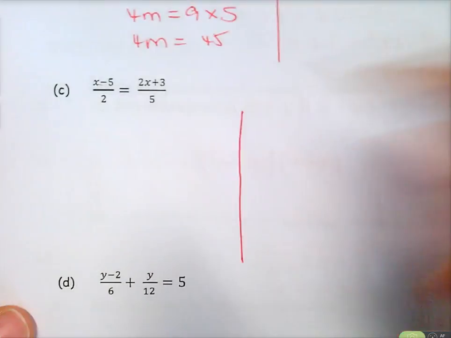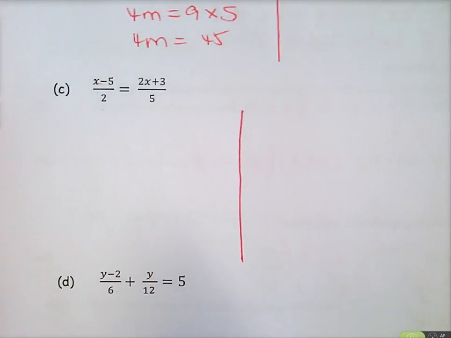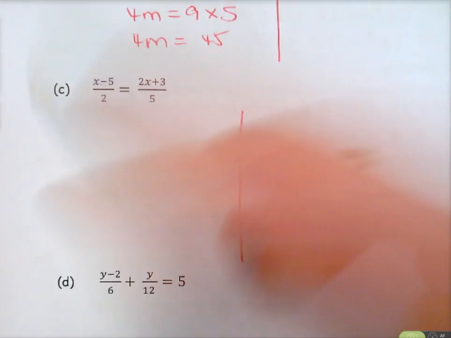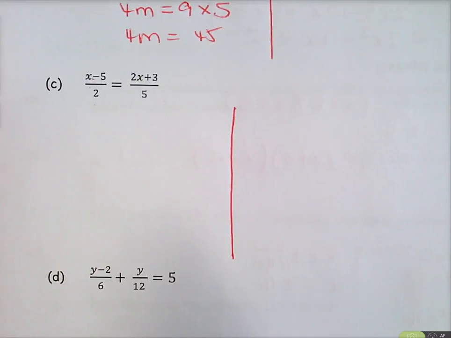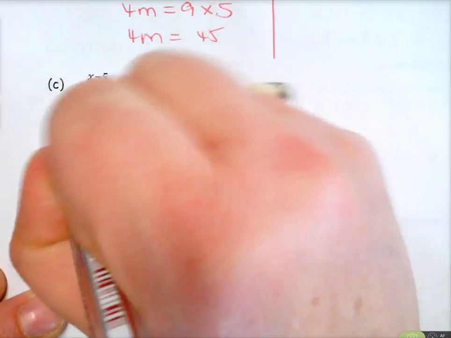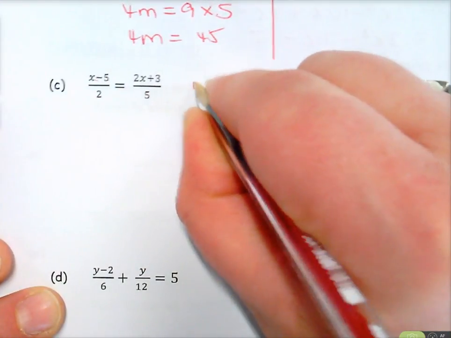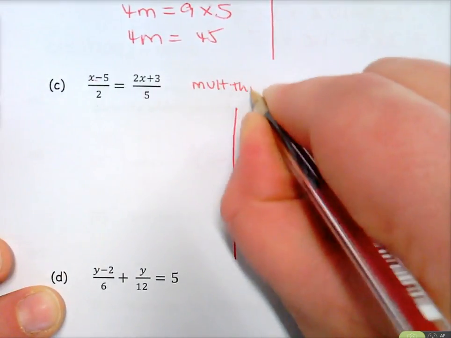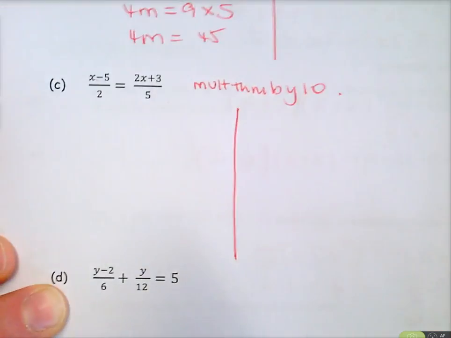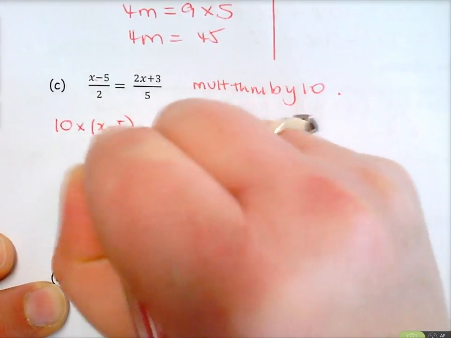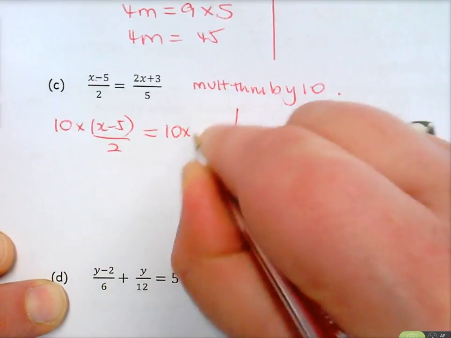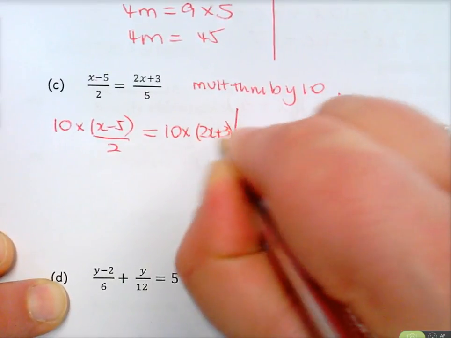So when you multiply through by 10, because they're balanced, we're making the left-hand side 10 times bigger, and we make the right-hand side 10 times bigger. So I'll do multiply through by 10 first, and then I'll do cross multiply. So multiply through by 10, because that's the lowest common denominator. 10 times the left-hand side equals 10 times the right-hand side.